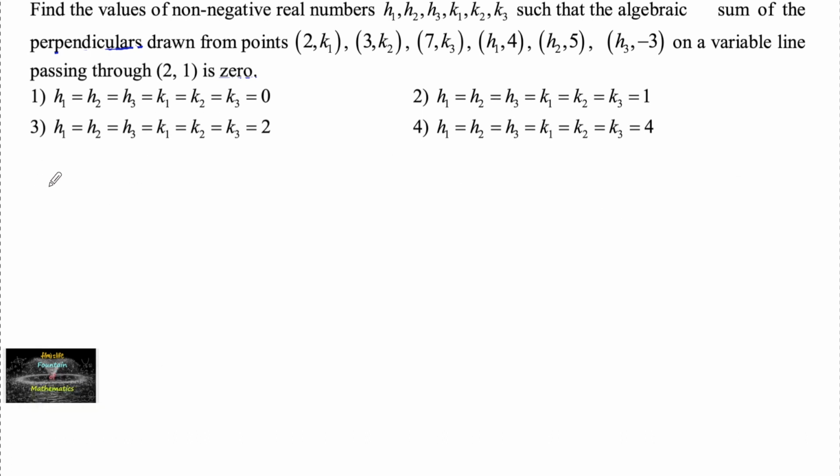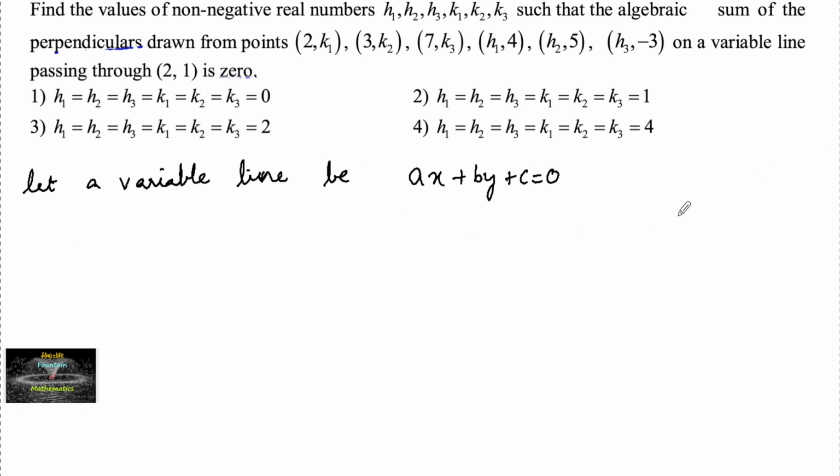So there is a variable line. Let us consider a variable line ax plus by plus c equals 0, and the perpendiculars from the given points whose sum is 0.